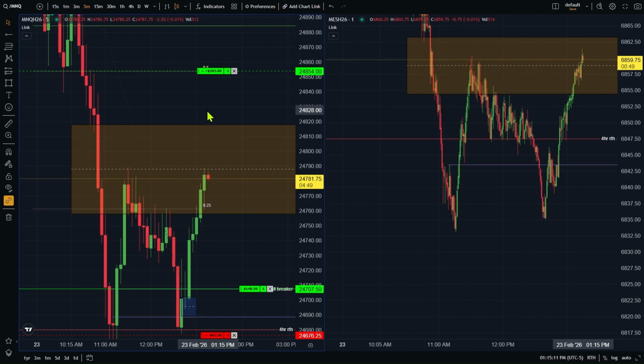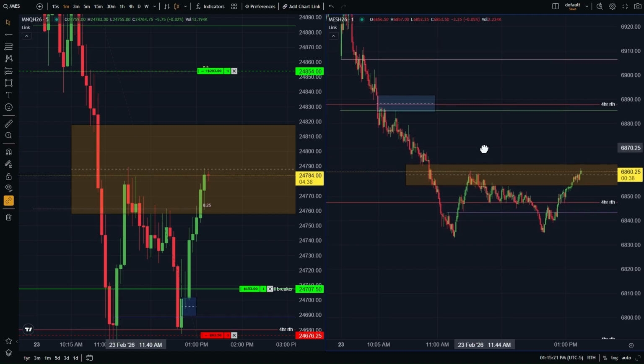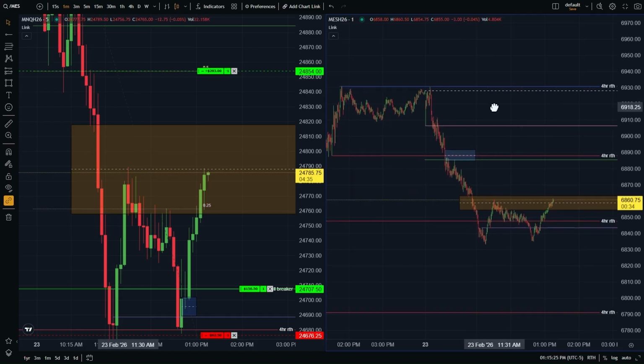Didn't pull back yet. NQ still hasn't taken its high. See, ES, let's look at its 15-minute chart over here.